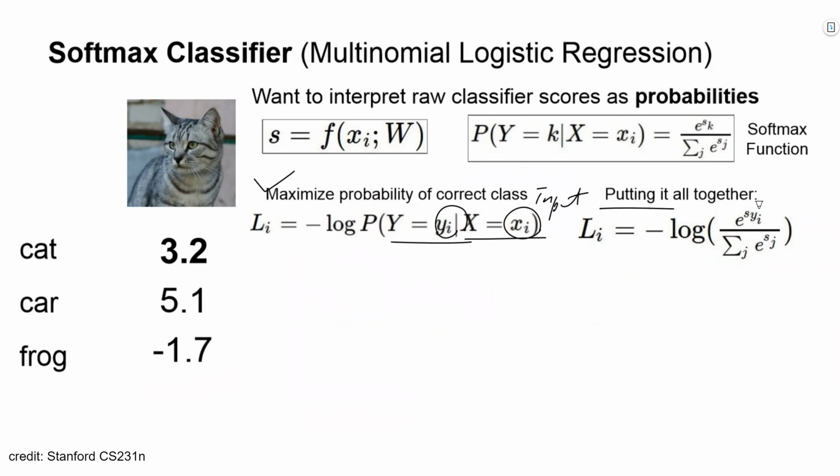And putting it all together, how do we calculate this probability? We get the total sum and just extract the probability of the correct class.